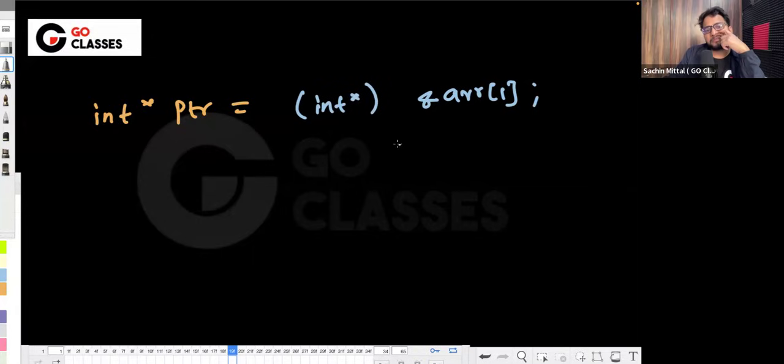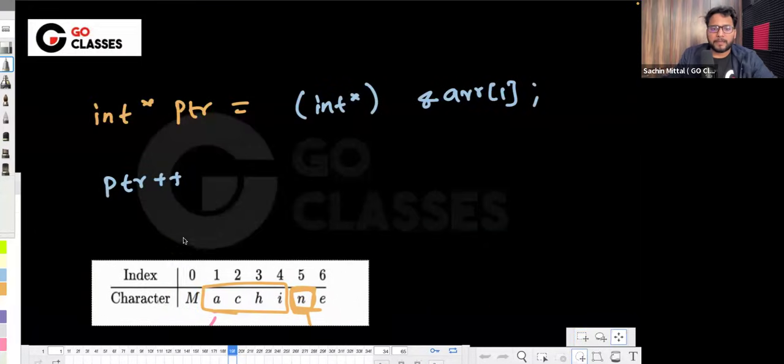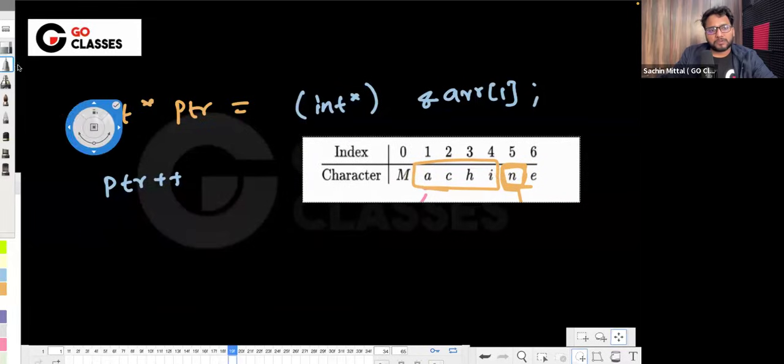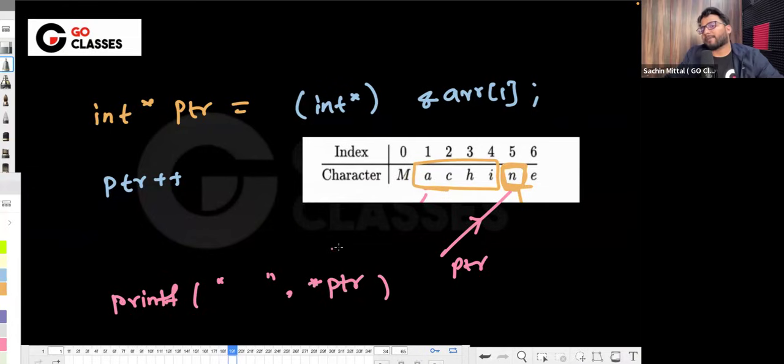And then the moment I do PTR plus plus, it will be jumping to n. Till now the things are fine, right? So PTR is pointing here. Now suppose in the printf, I directly do star PTR instead of doing the typecasting again.